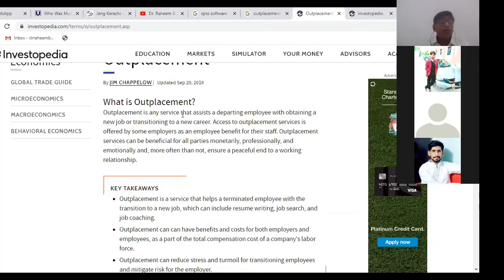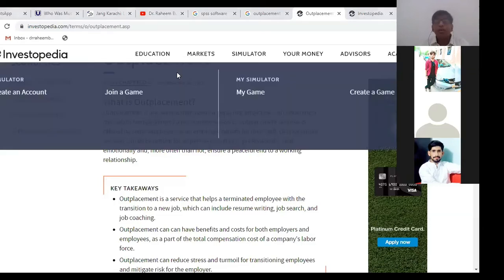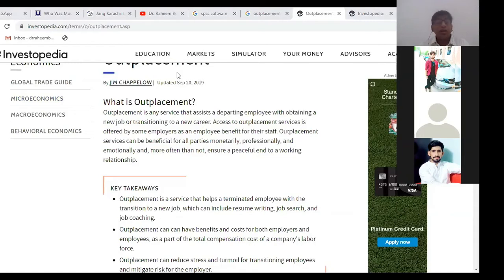Here I have opened the Investopedia website. I think it's wonderful for students of business, economics, commerce and public administration. See here, different things are given. The terms have been discussed under microeconomics, macroeconomics, and behavioral economics.